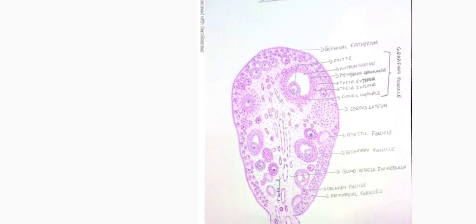This is the theca externa, and inside it is the theca interna, and here is the cumulus oophorus. This is the corpus luteum.